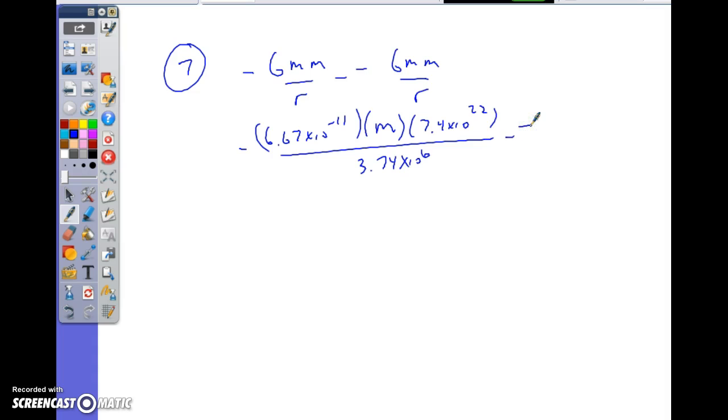Okay. So then 6.67 times 10 to the negative 11th, mass of the object, 7.4 times 10 to the 22nd, all over the radius of the moon, which is 1.74 times 10 to the 6th.